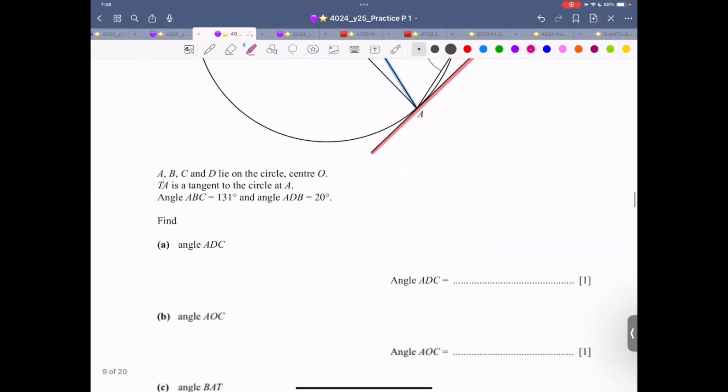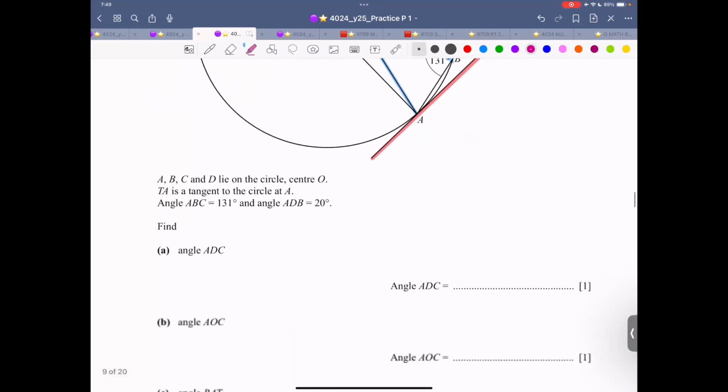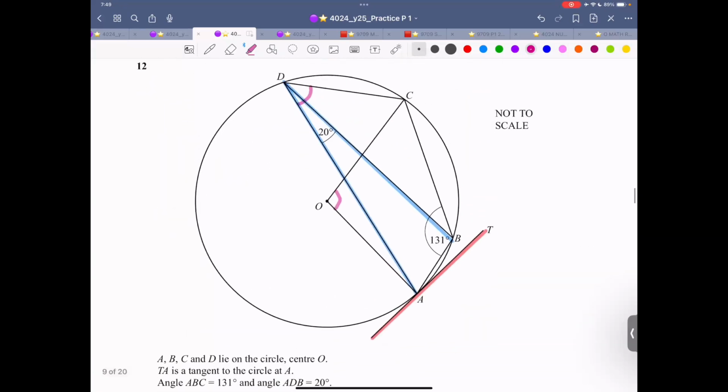Then we have AOC, that is this one. Then we have this thing BAT, where is BAT? That is this angle on the outside. This is BAT. This is the new thing in the syllabus. This is called alternate segment theorem.